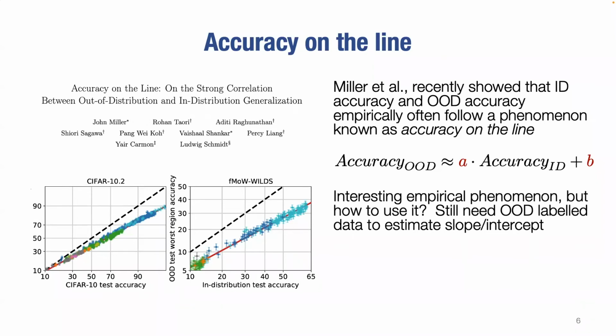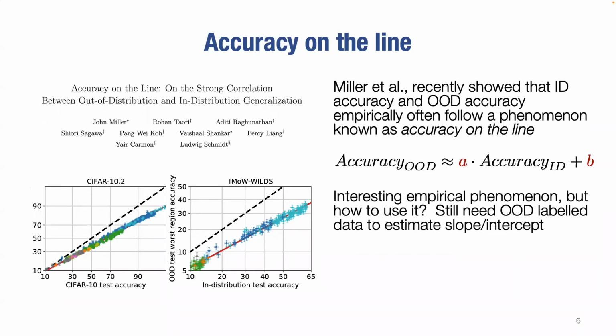Like if you don't have labeled data out of distribution, you can't get that. So this is a really interesting phenomenon, but it doesn't actually give us a practical way of assessing out of distribution performance without access to another labeled data set. In which case, by the way, you might as well train on that and just do better on that data set, right? So it's sort of a circular problem here.